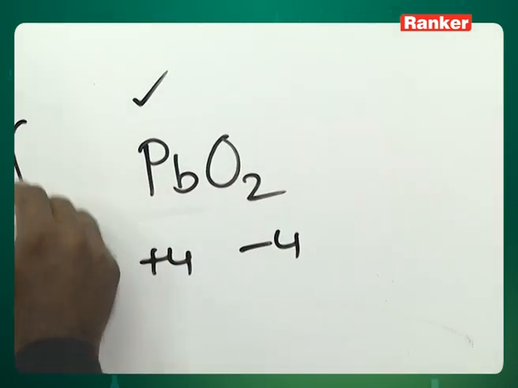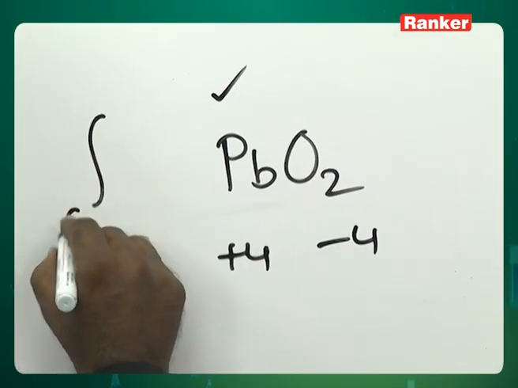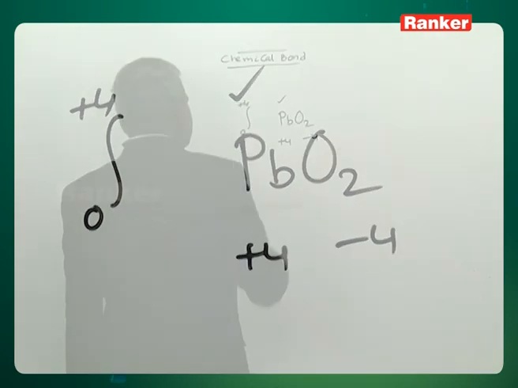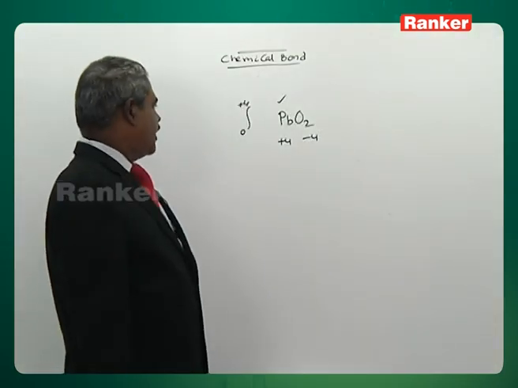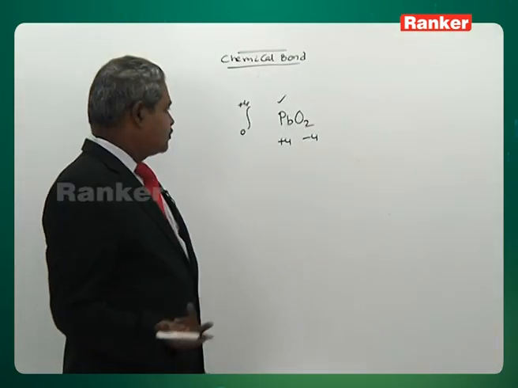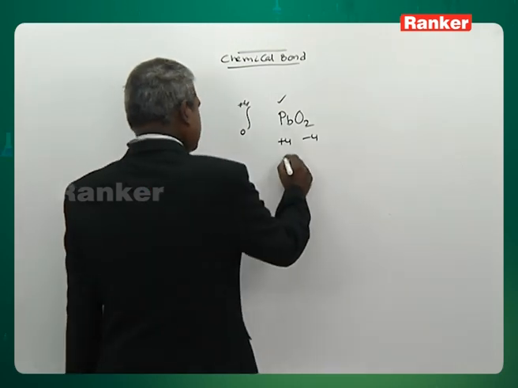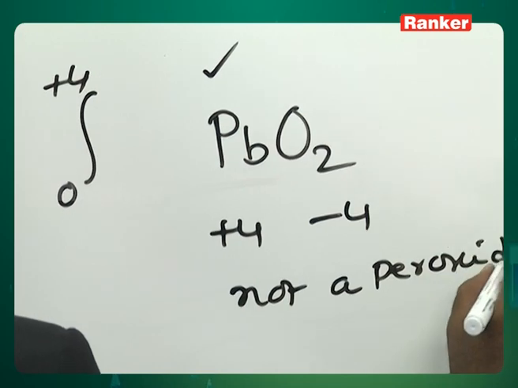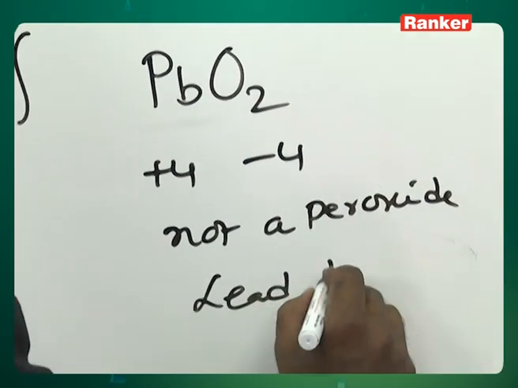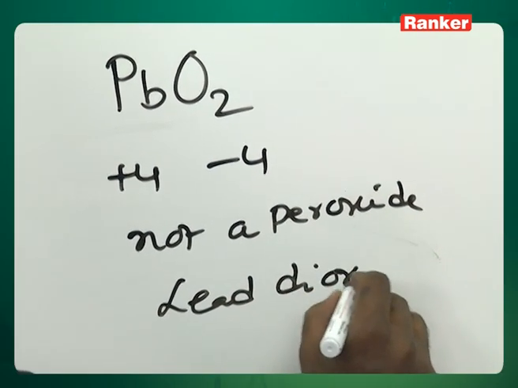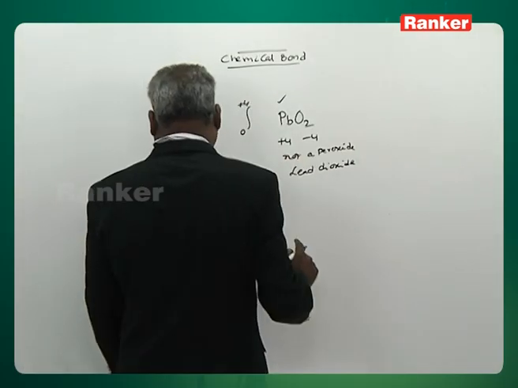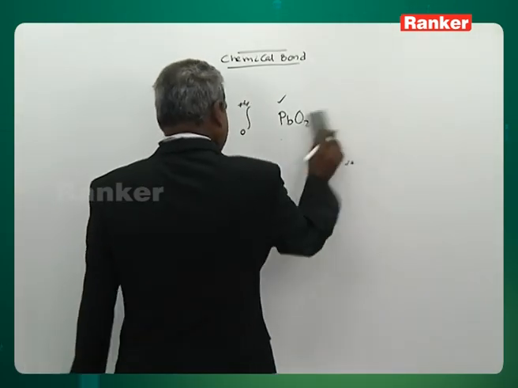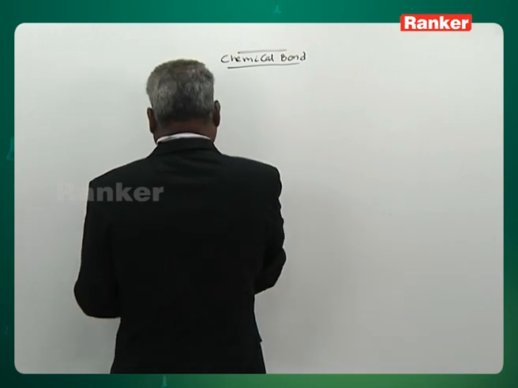Okay, because lead belongs to the fourth group. Lead being a metal, 0 to +4 is okay for lead. Therefore, +4 is okay. Therefore, once again, not a peroxide. So, what will be the name? Lead dioxide. Like carbon dioxide, lead dioxide, silicon dioxide, germanium dioxide. Like that.